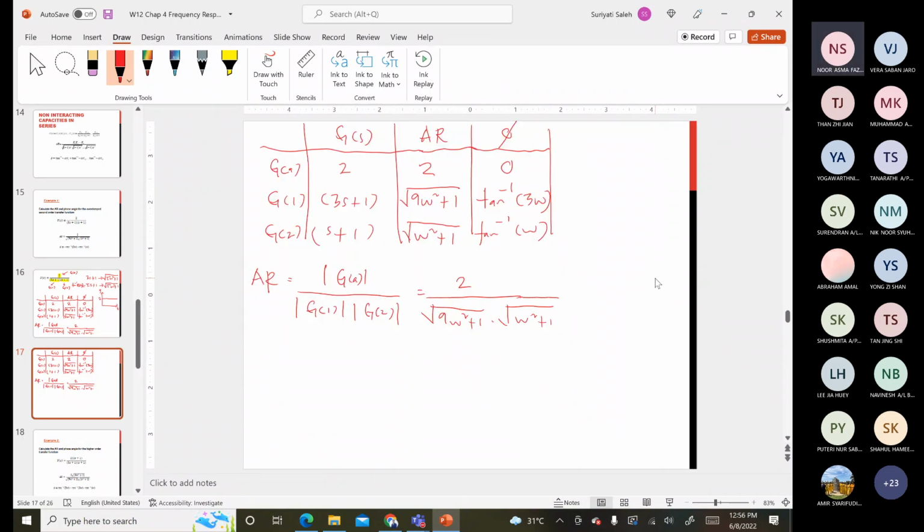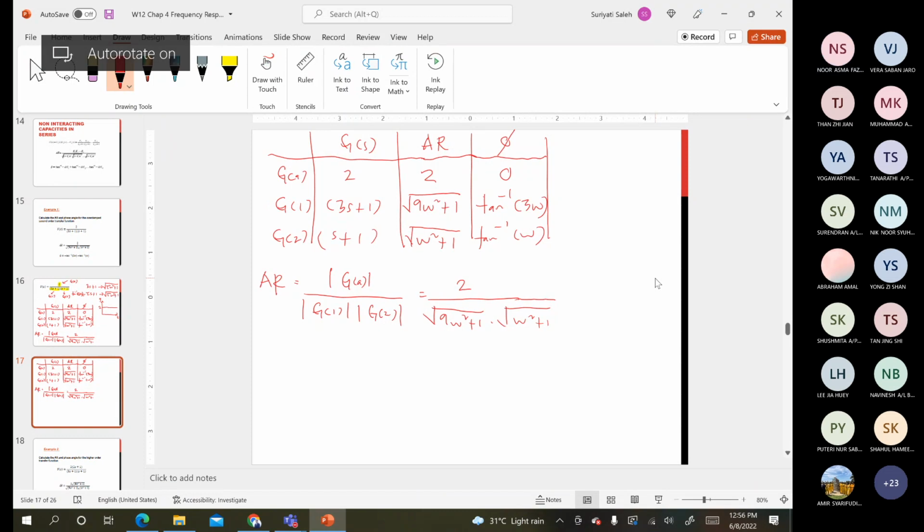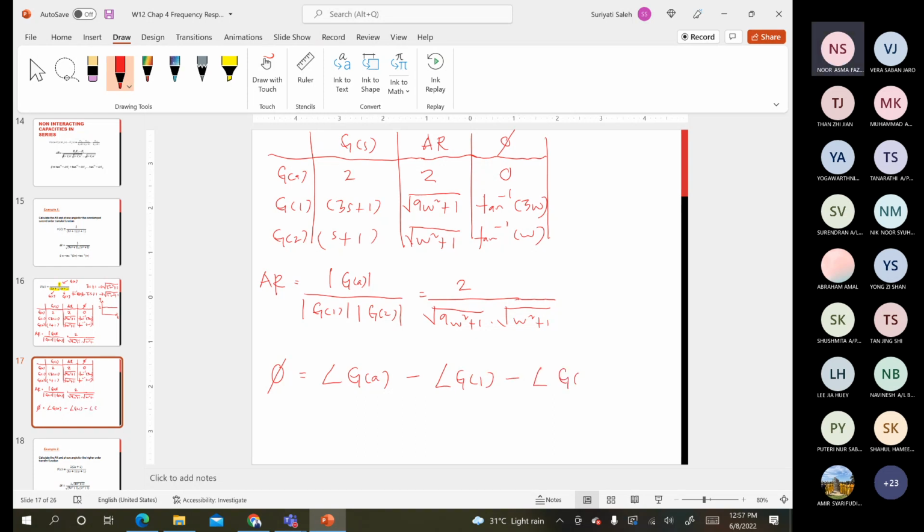So here we have the AR, and then for the angle, normally the angle in the numerator minus the angle in the denominator. So here you have the angle of GA. You need to minus the angle at the bottom. At the bottom you have angle G1 minus angle G2.